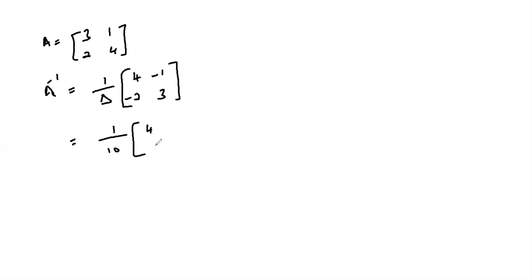The inverse of the matrix A is given by 1 over the determinant, and then we interchange the terms of the major diagonal to 4, 3, and negate the terms of the minor diagonal to negative 2, negative 1, which will give us 1 over the determinant, which is the product of the major diagonal minus the product of the minor diagonal, which is 12 minus 2 gives us 10, into 4, negative 1, negative 2, 3.